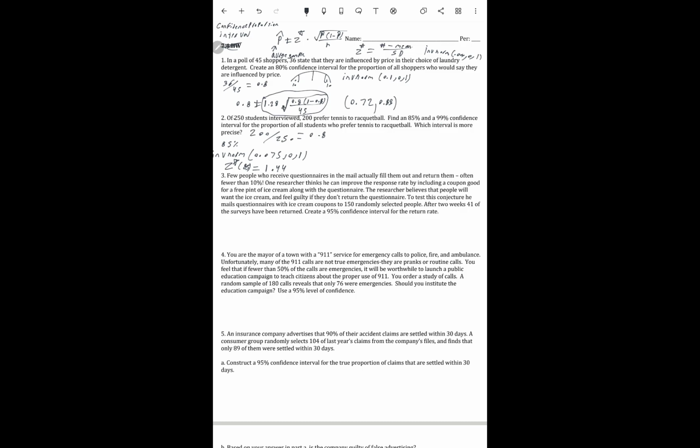So a 99% confidence interval would actually be 0.005, I believe. Yeah, so inverse norm, we have 0.005, and we have a 0, and then we have a mean of 1, right?